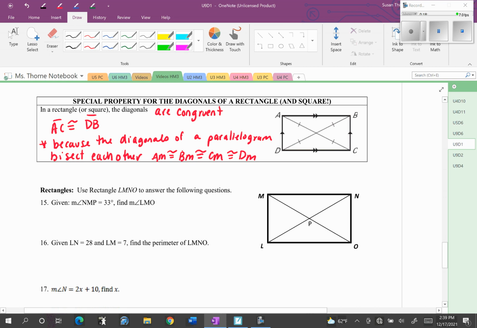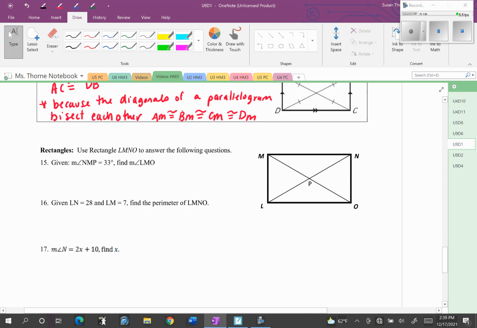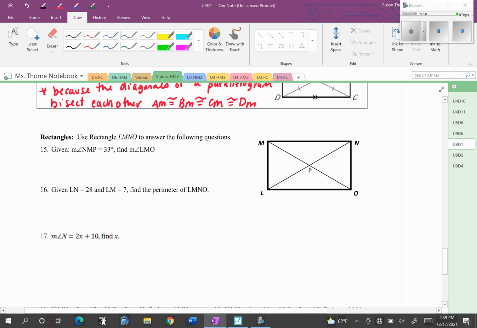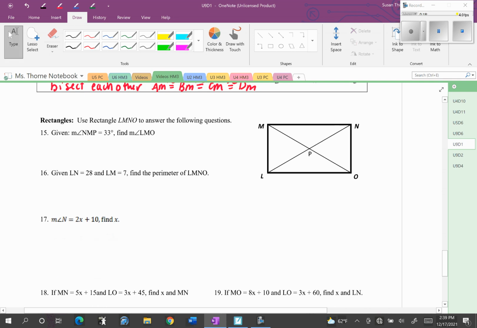Okay, so we're going to use rectangle LMNO to answer the following questions. Given angle NMP, so that's this angle right here, is 33 degrees, find LMO, which would be this angle right here is what we're looking for.